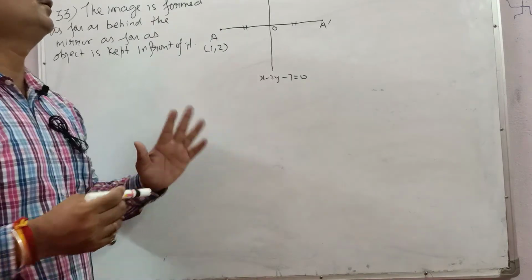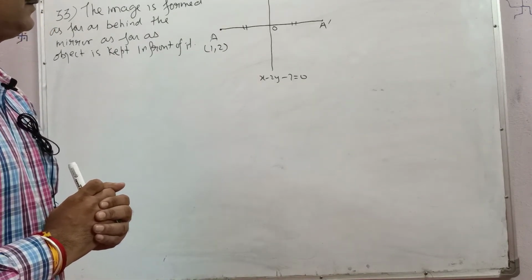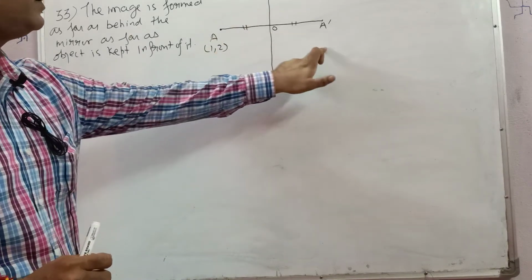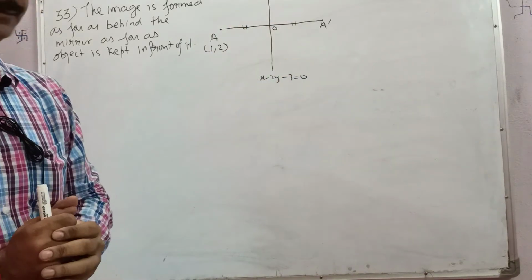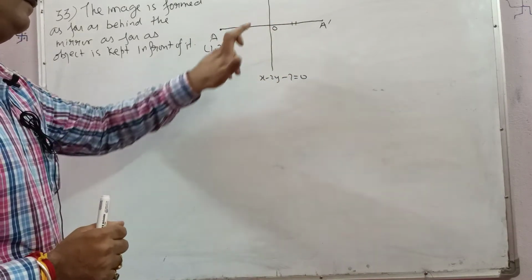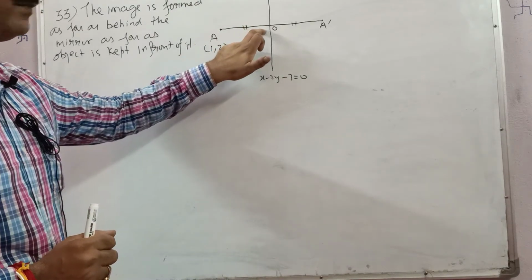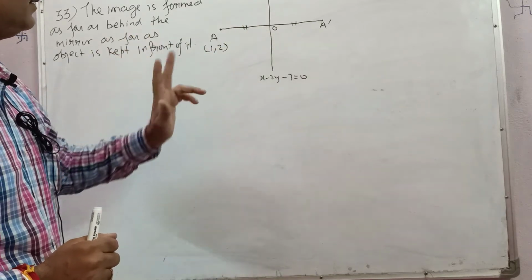Okay, so what we require? Now, so as to find out, this equation is given. We can easily find out the equation of AA dash. We know this point, and we can easily find out the foot of the perpendicular.